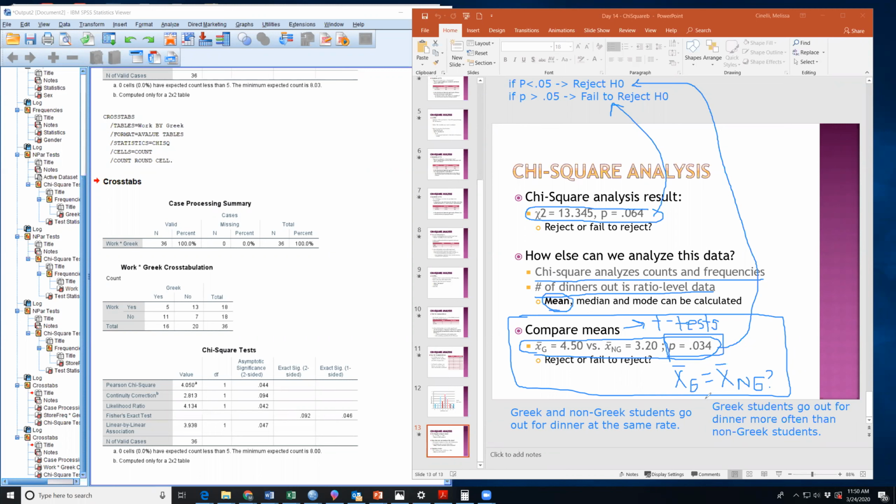And so if you have interval or ratio data, while it is possible to do a chi-square test to look at that data, it is more appropriate to do a t-test. The t-test is going to be more powerful, more able to detect differences if in fact they exist. And so in the next video, we are going to look at t-tests, examples when we want to compare means.